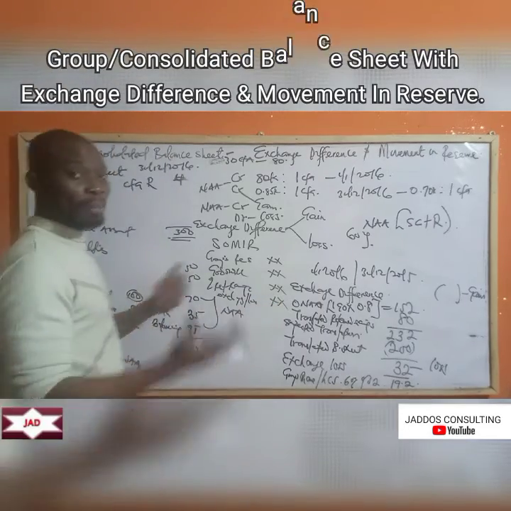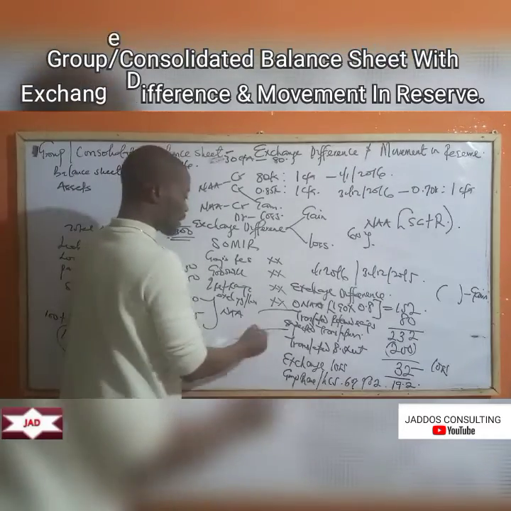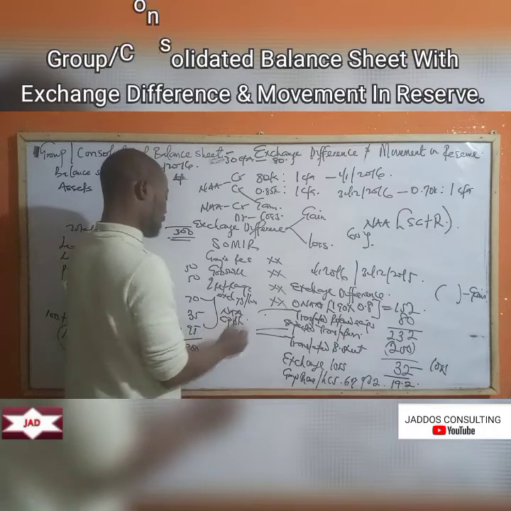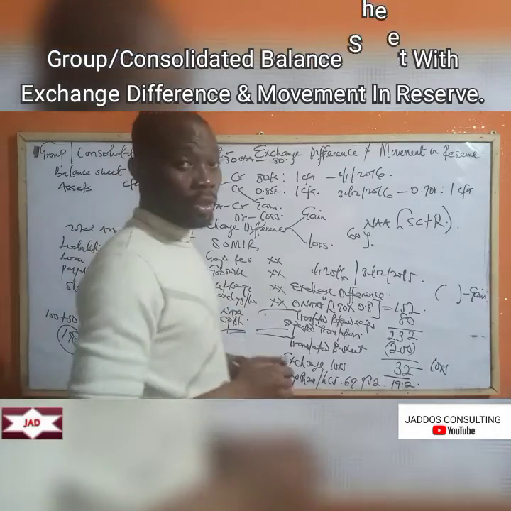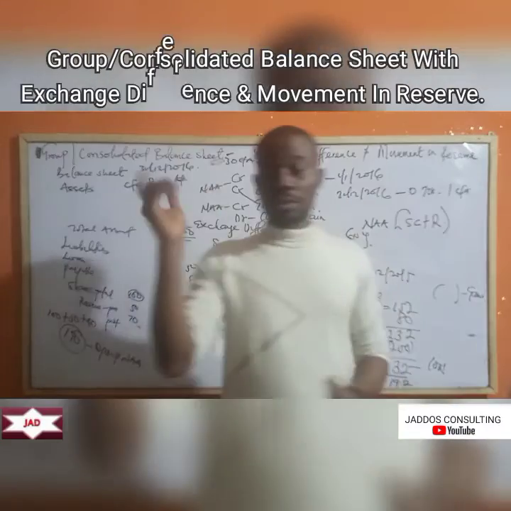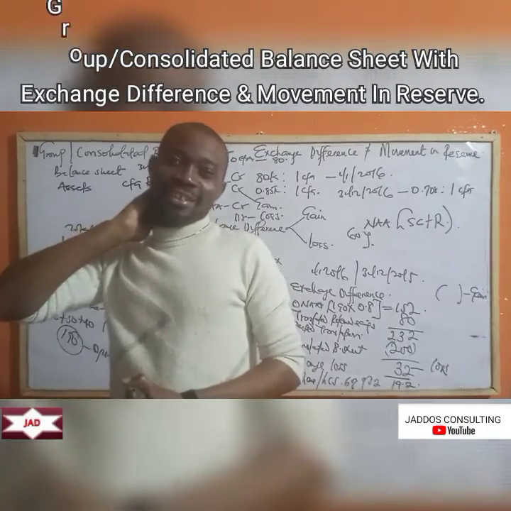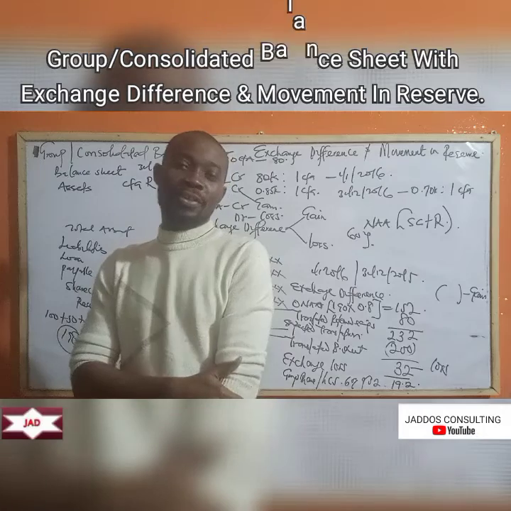Depending on the position, positive or negative, when you add up, whatever you get is your CPL. So this should agree with your CPL that transfers to the balance sheet. Okay? So it's a straightforward thing.